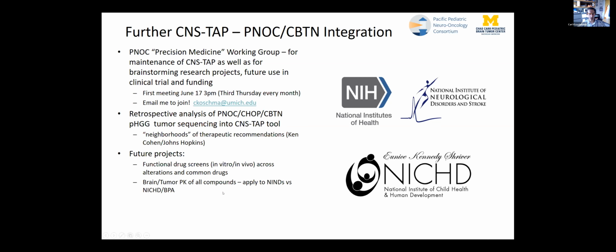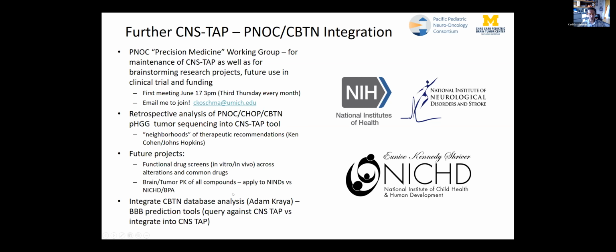Adam had some great ideas. Rob had some great ideas for grants that could come out of this. And then, just building off of all of the amazing things that Adam just talked about, we need to tie this together to CNS TAP, and I think we're all excited to do that. And so, I think the sky is the limit for how we might be able to make this precision medicine more objective. So I will end there.